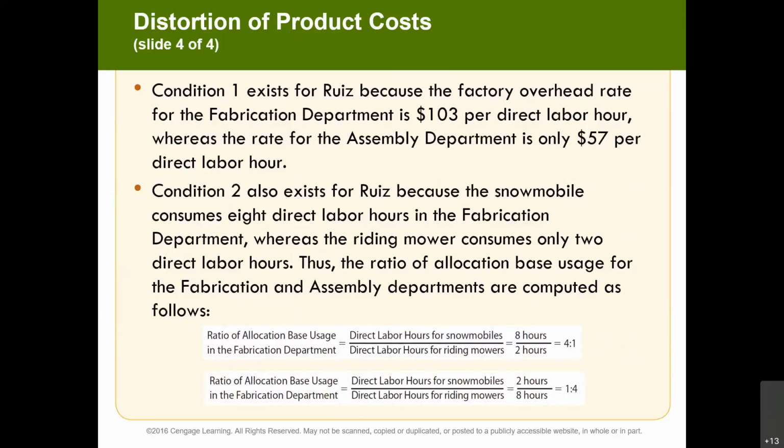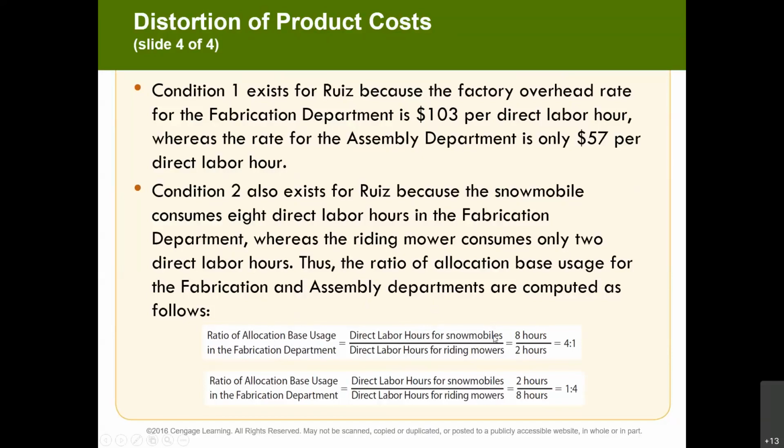And in the second condition, we can see that the fabrication department has 8 hours of direct labor, and in the assembly department, it's 2 hours, right? So looking at this, we can figure out the ratio allocation for the departments.